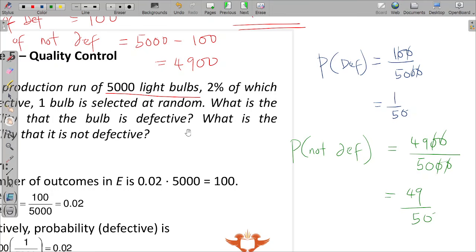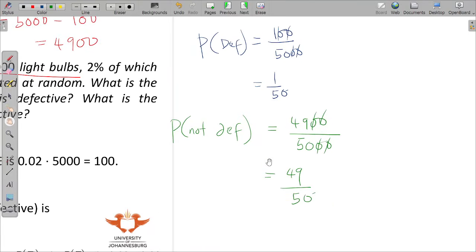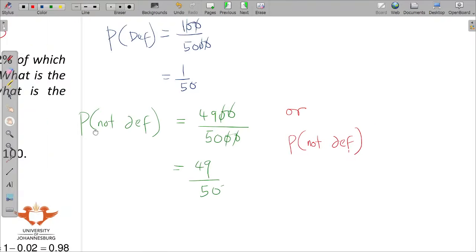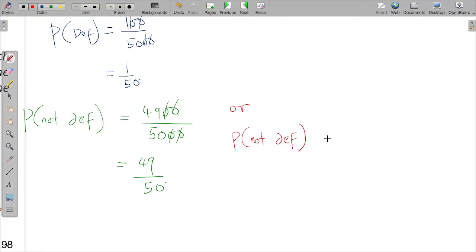But you could also find the probability of not defective as 1 minus the probability of defective.